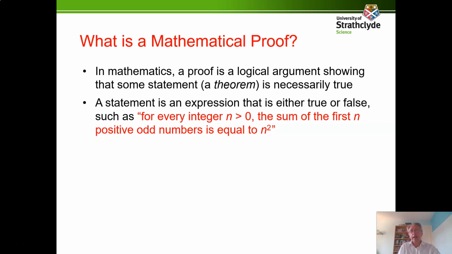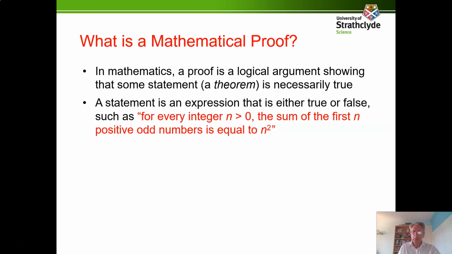So this says for every integer n greater than 0. So what we're talking about here is n equal to 1, 2, 3, 4, 5, 6, and so on. What does it say? It says the sum of the first n positive odd numbers is equal to n squared.